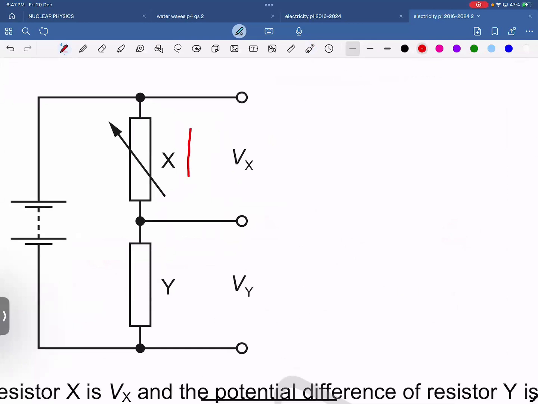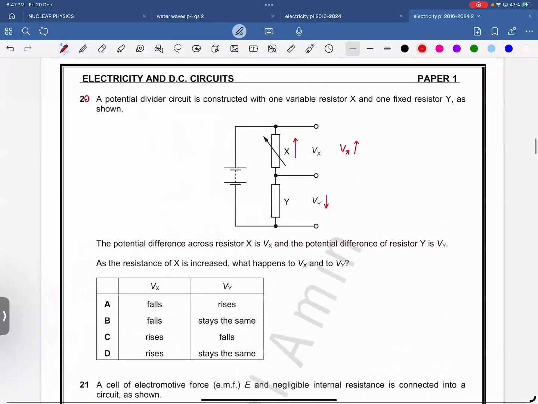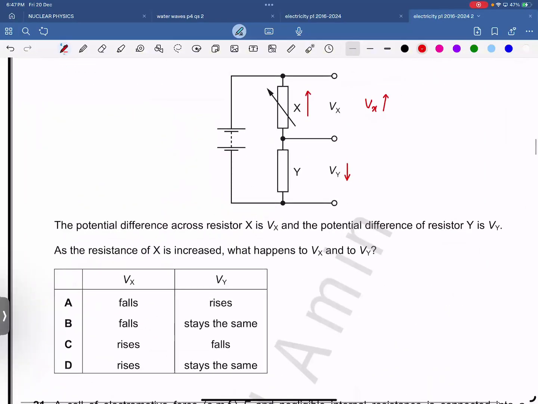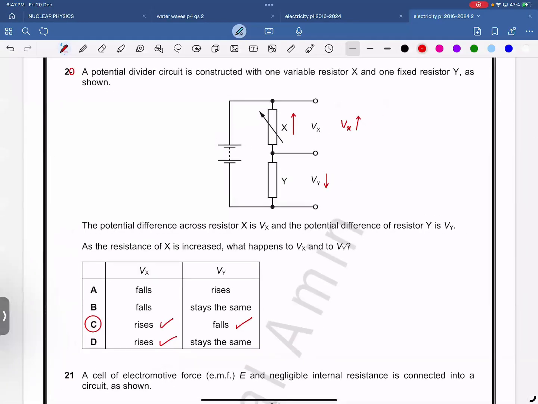If you increase the resistance X, yes, Vx will increase. Vy will decrease using the rule of potential divider. Let's check which option. Vx rises, Vy falls, C. It's a very lower order of thinking question. Straightforward, read the question, apply your knowledge, get the answer. Okay, it's C, my dear students.